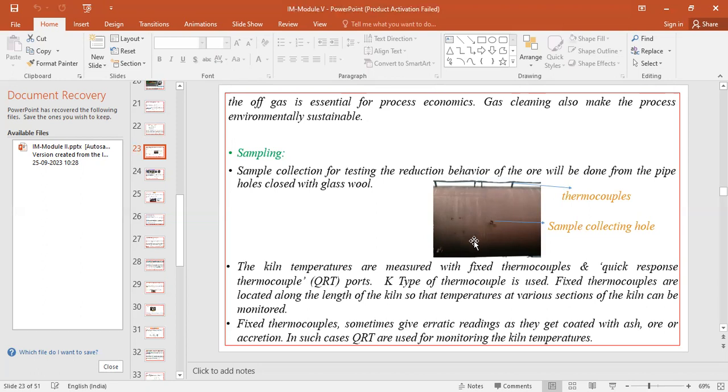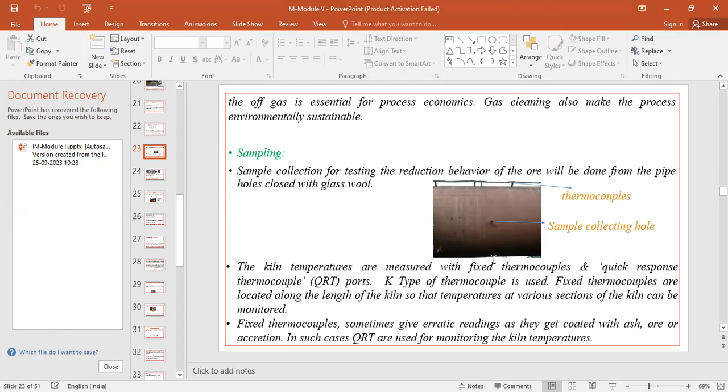While collecting these samples, they use some rod and simply poke the rod into the hole, so that some sample falls down from these holes, and that fallen sample is taken to the laboratory.